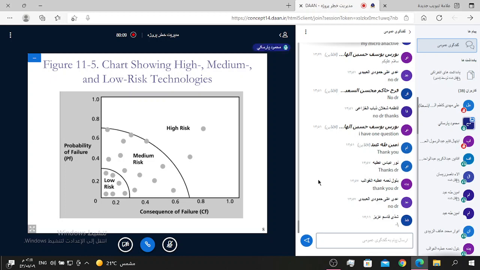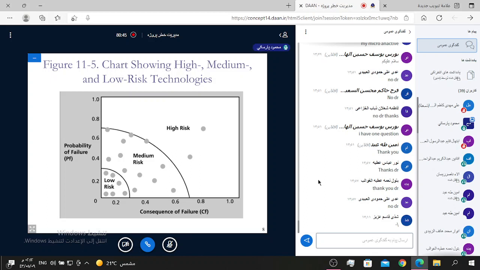But I think this chart has some problem. It's not enough, and it's not clear. Why? Because some risks that have low effects but high probability can be very important.